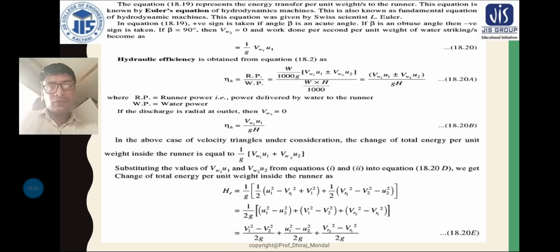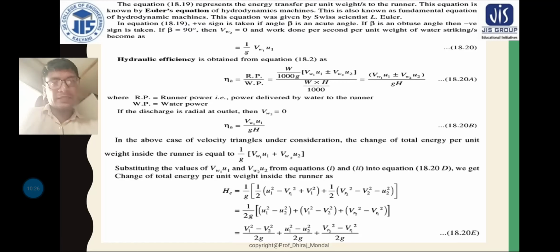Now let us discuss the hydraulic efficiency. Hydraulic efficiency is equal to runner power by water power, as I discussed in an earlier class. The runner power is the mass flow rate into (Vw1 u1 plus or minus Vw2 u2).